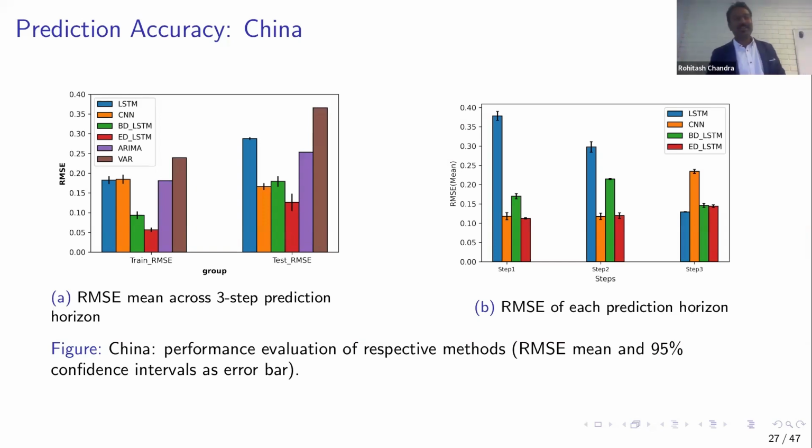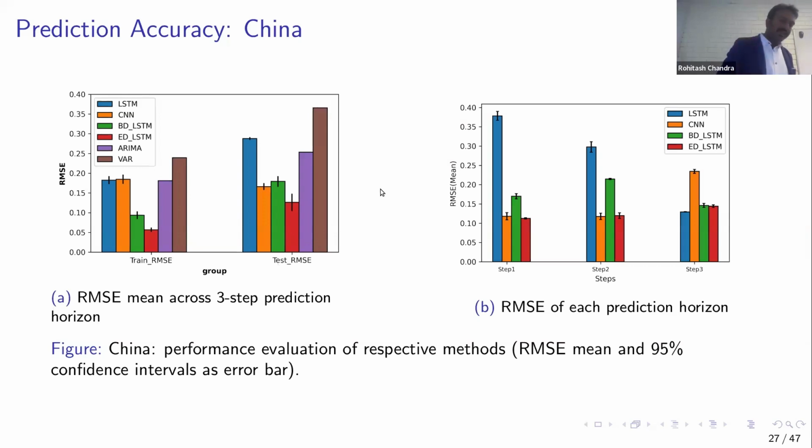But anyways, in a similar way, the case of China is very interesting, especially for the U.S., because of political dominance and alliance, right? And we see that the prediction results are there for the train and the test RMSE, and the VAR model is usually not the best.